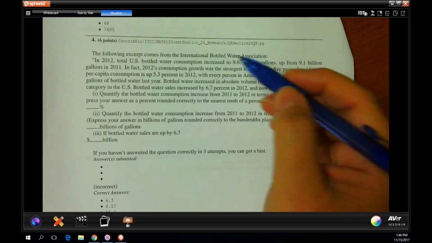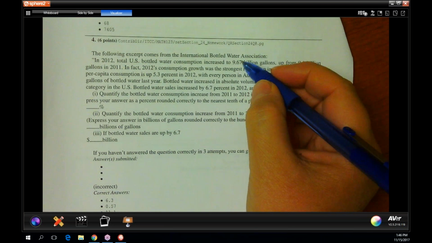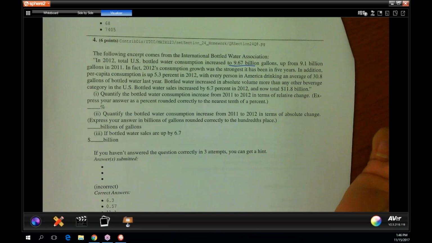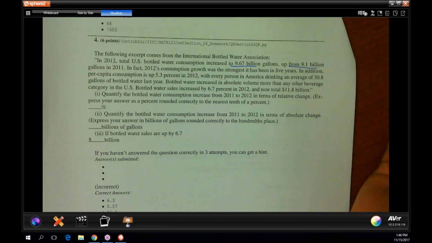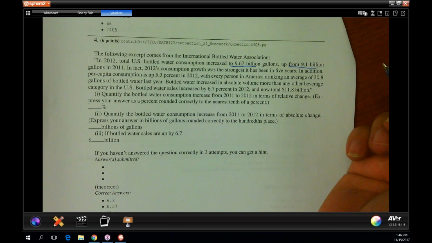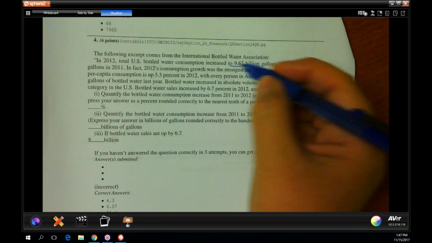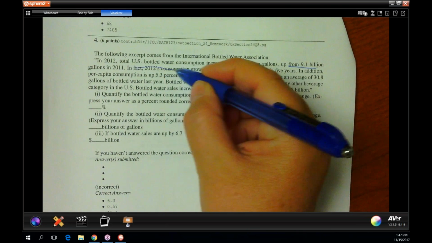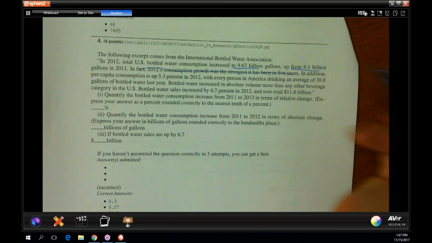In 2012, water consumption increased to 9.67 billion gallons, up from 9.1 billion gallons in 2011. In fact, it grew at its strongest in 5 years, so we don't need that. That's of no use.